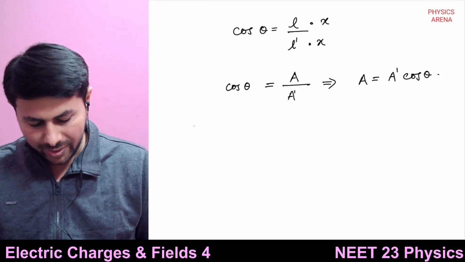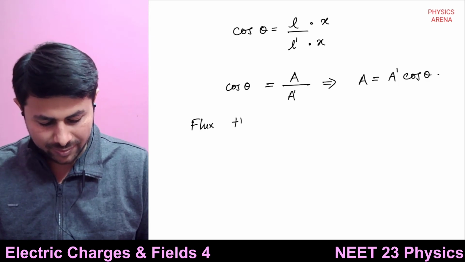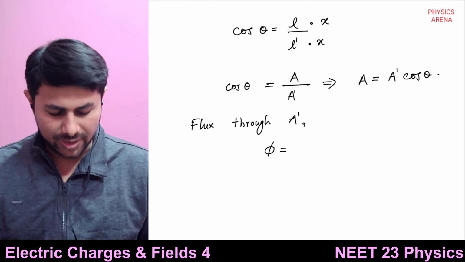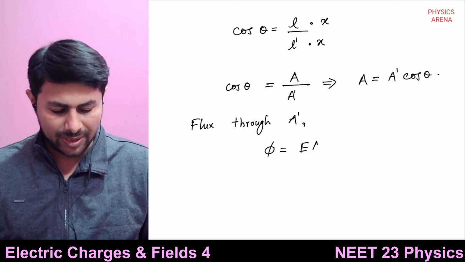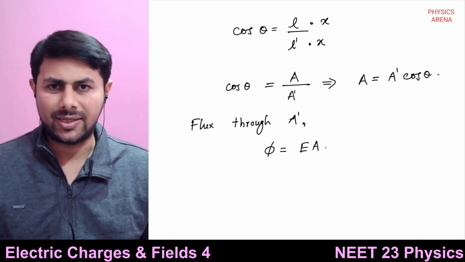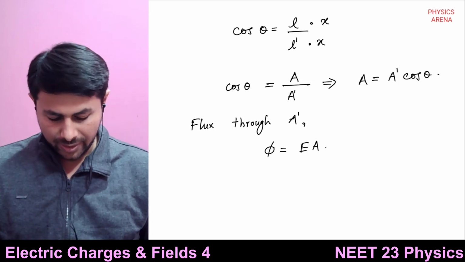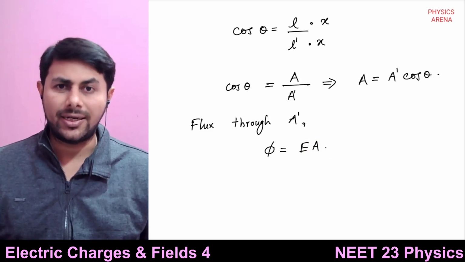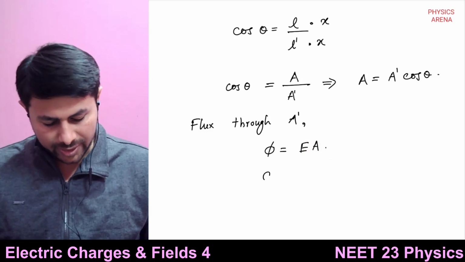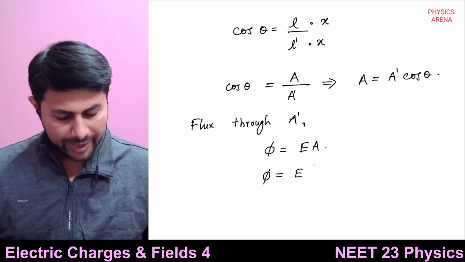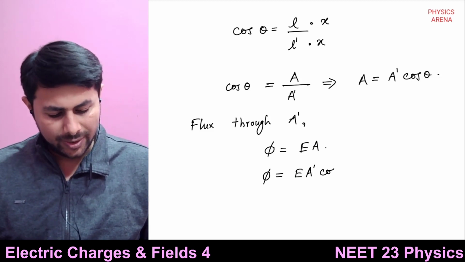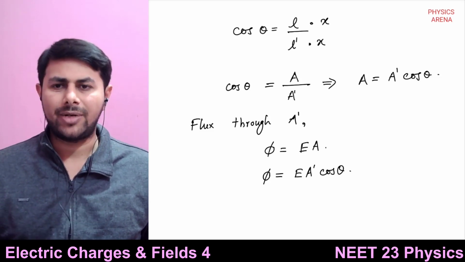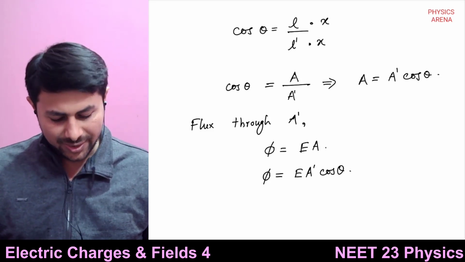So flux through A dash is also E multiplied by A. Now I want to write this in terms of A dash. So how can I write this? I can write this as E multiplied by A dash multiplied by cos of theta, right?